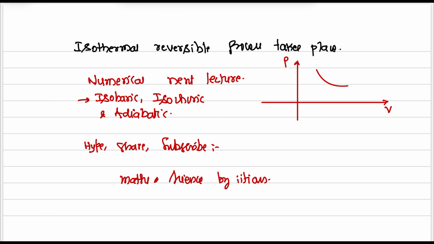What happens? Let us see. Ultimately, kindly remember delta Q is equal to delta U plus P delta V. This is the basis for everything.